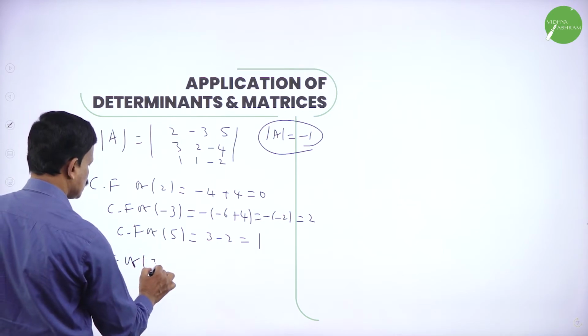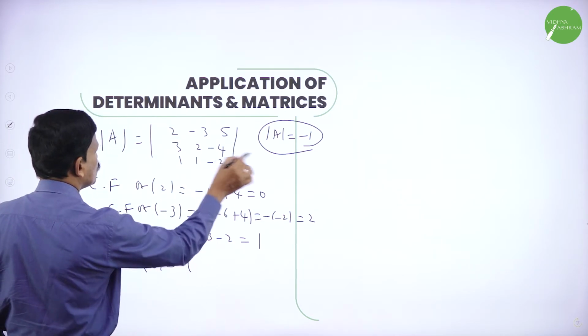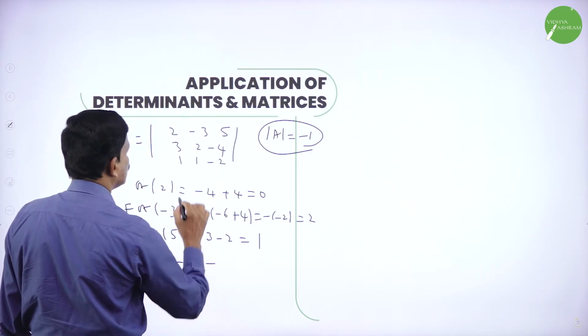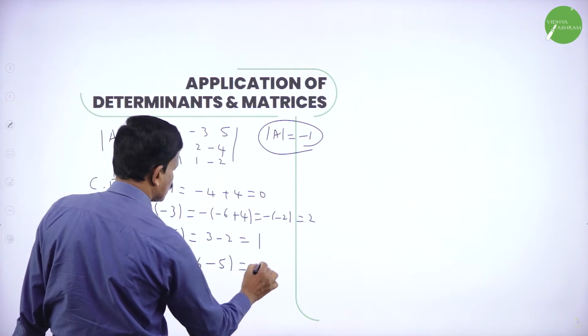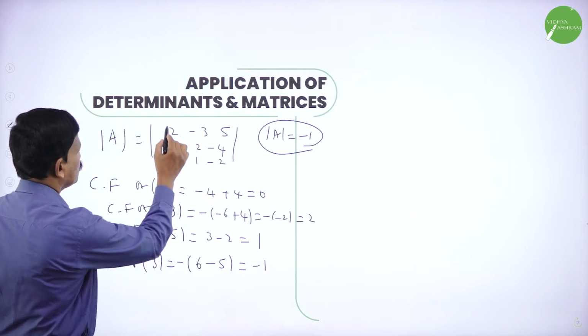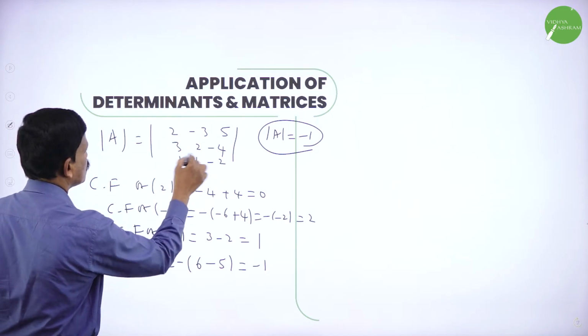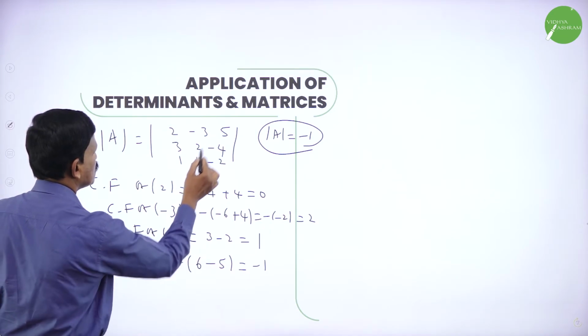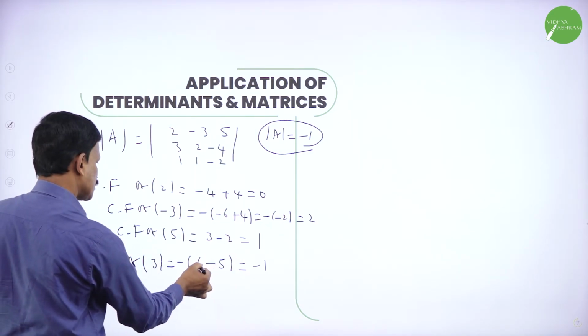Cofactor of 3 is minus. This row and column is gone. 3 2s are 6, minus 1 5s are 5. This is minus 1. Cofactor of the next 2: this row and column is gone. 3 2s are 6, minus into minus plus 6, minus 5 is minus 1.